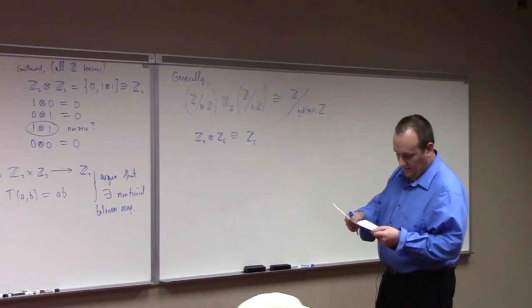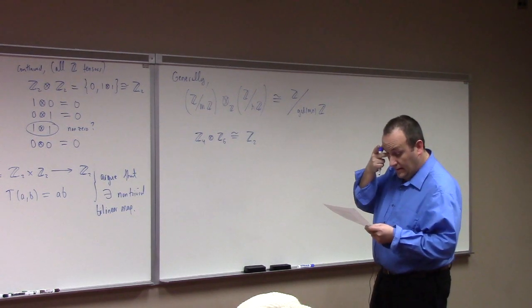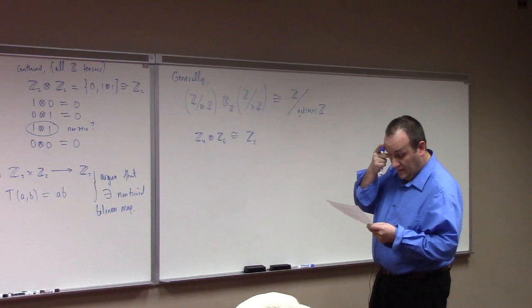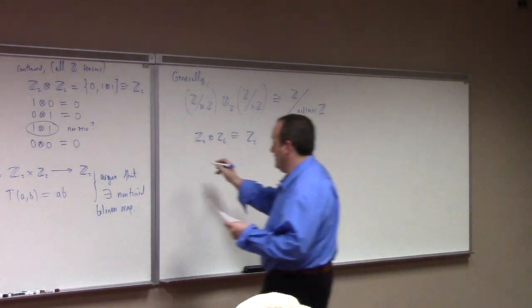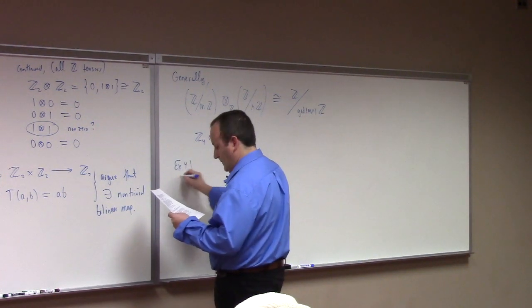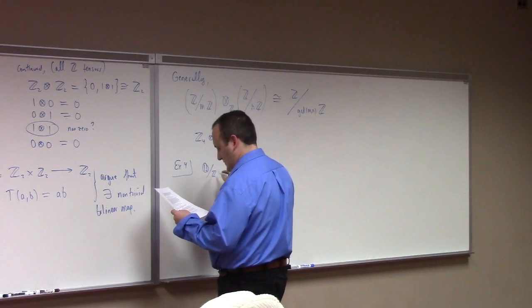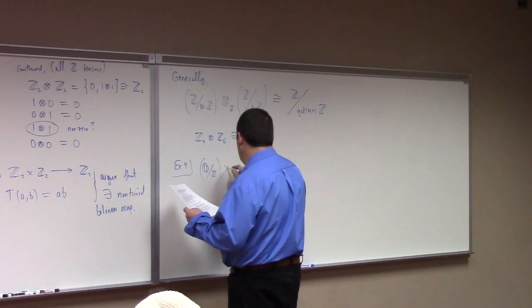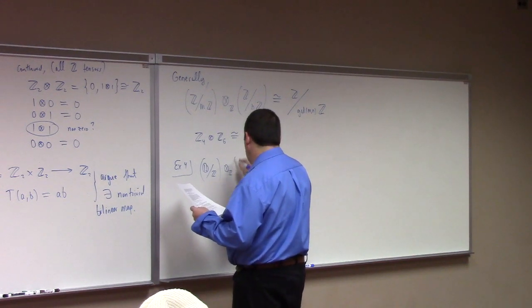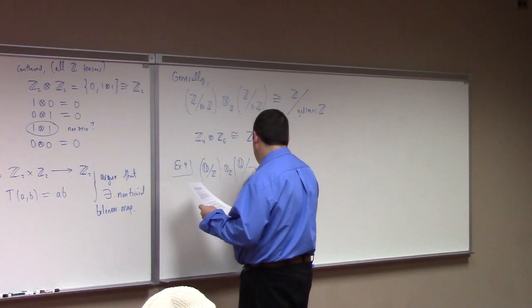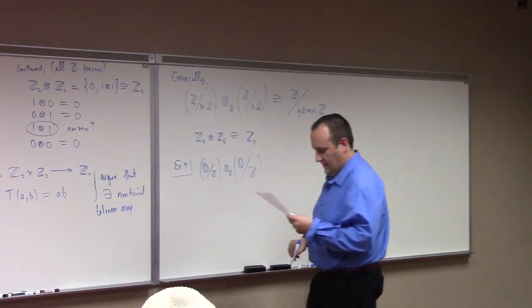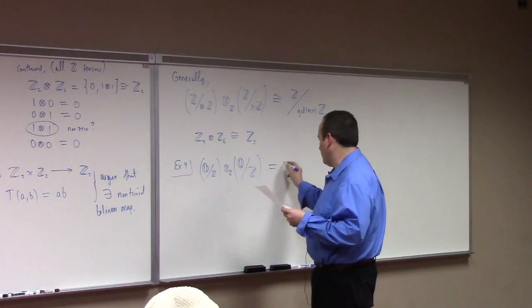Now, he has more examples here. In Example 4, he shows that if we look at Q mod the integers, and we take the tensor product of that over the integers with itself, then that's actually equal to 0.